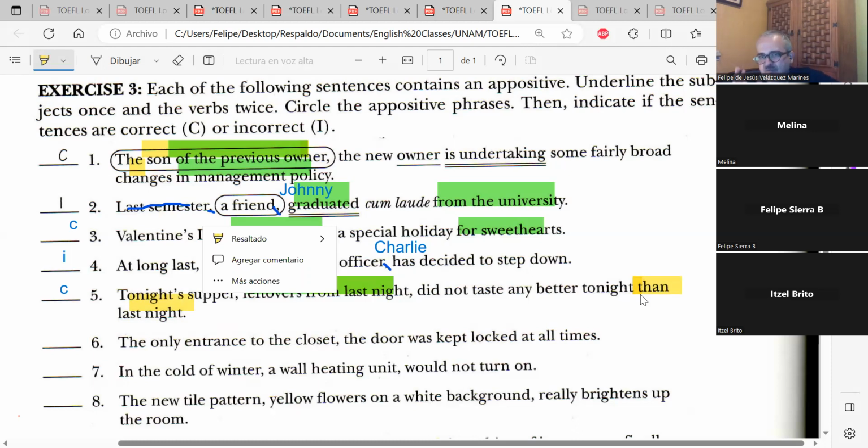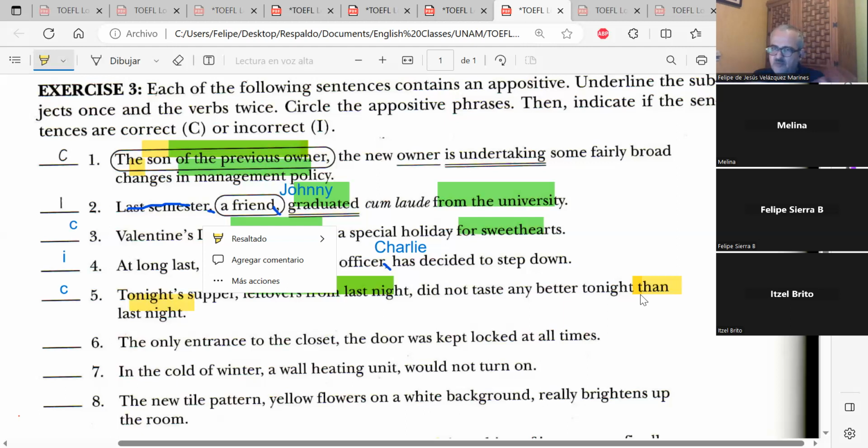And I told her, than is a preposition here, and she said, no, it's a conjunction. And I said, what is a complete sentence? Because conjunctions connect parallel structure.